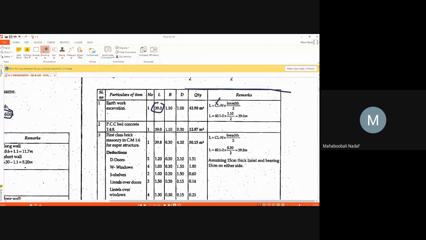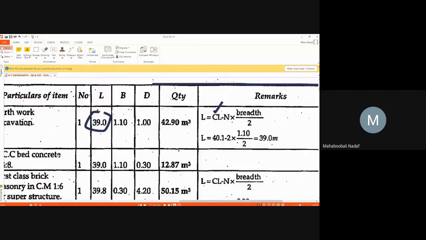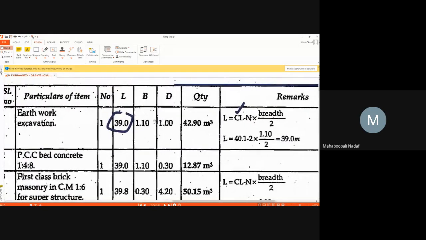So total center to center was how much? What you have calculated, total center to center, how much was it? 40.1. How many junctions? Two junctions. What is the width of that item?